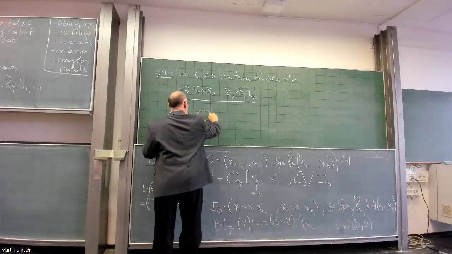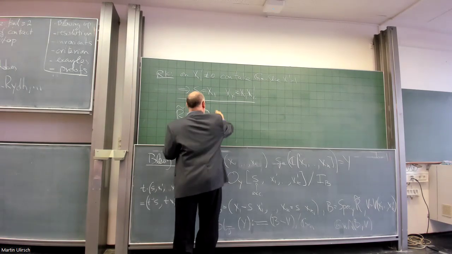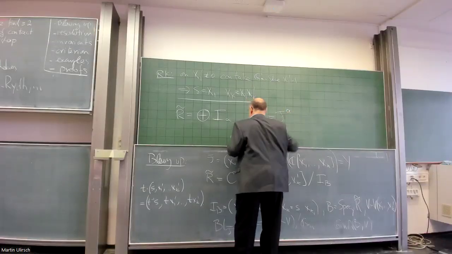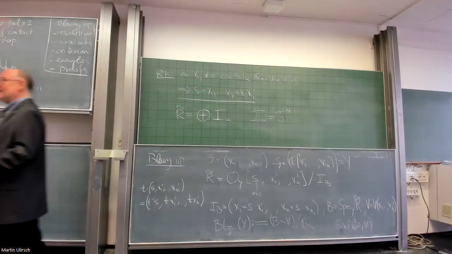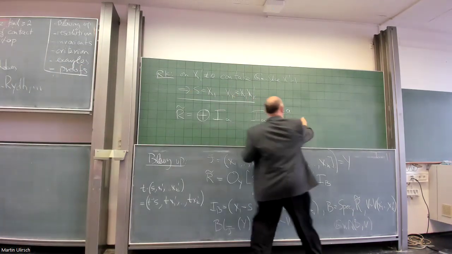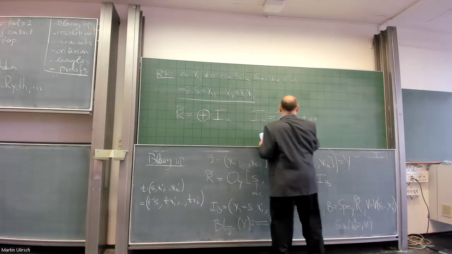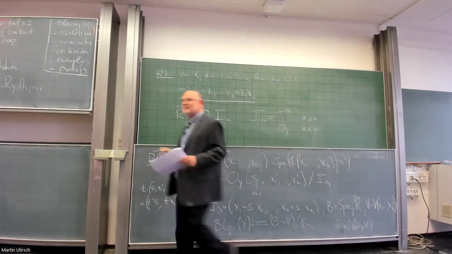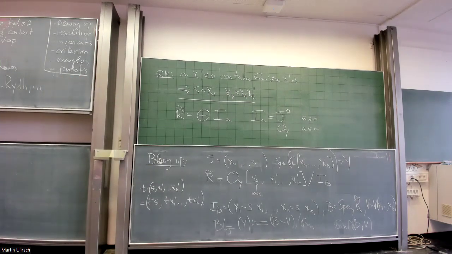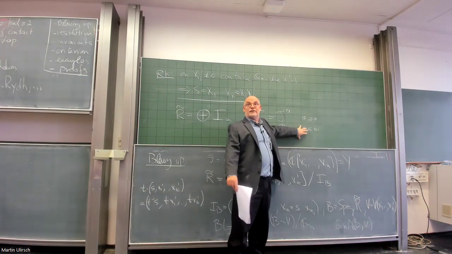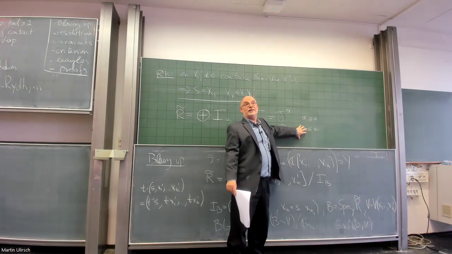This is just, I take the a-th power of my ideal and I call it I^a if a is positive, and O if a is negative, right? So this is the difference from what you see in Hartshorne. This is what's known as the extended Rees algebra. You throw in also the negative part.